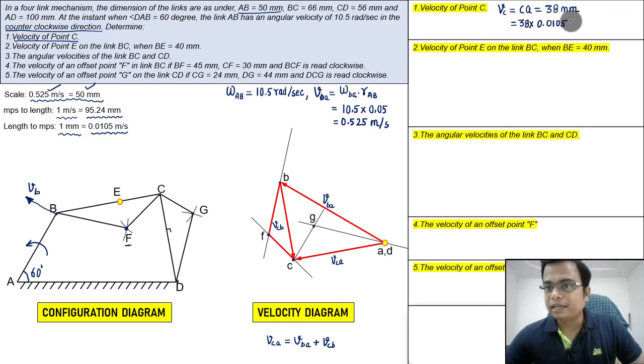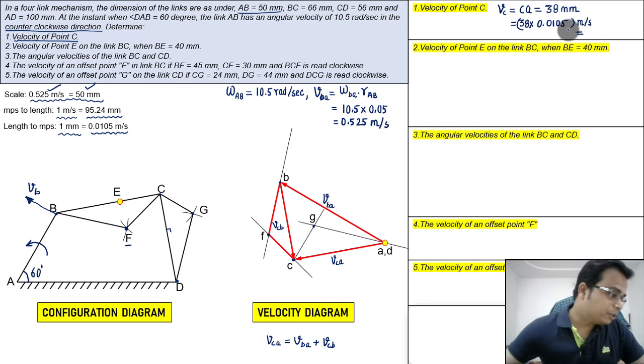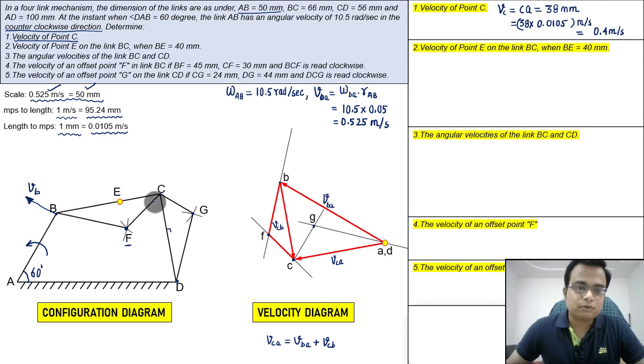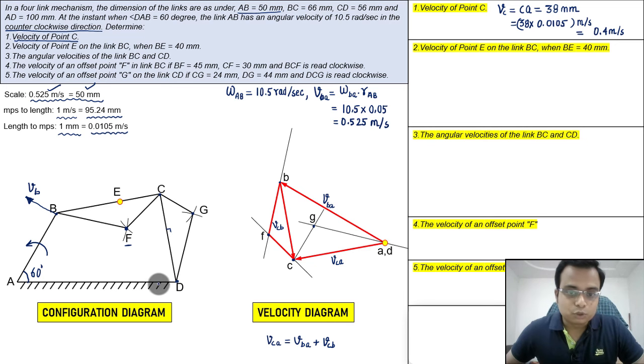Now this will automatically get converted in meters per second, and the final value that we are going to get is very close to 0.4 meters per second. So the velocity of point C is 0.4 meters per second with respect to this fixed portion, or with respect to A, you can say.